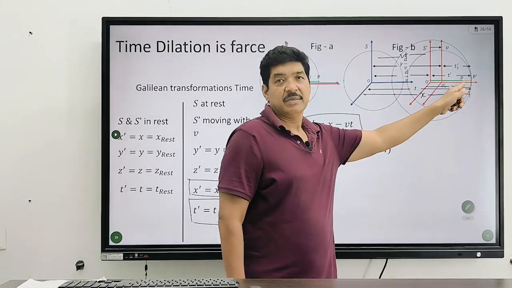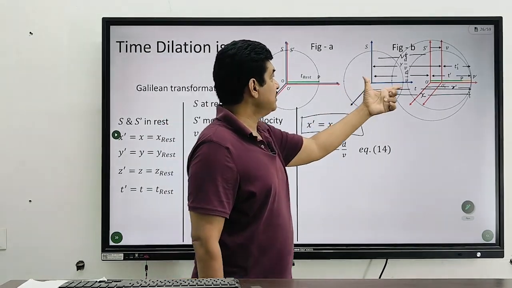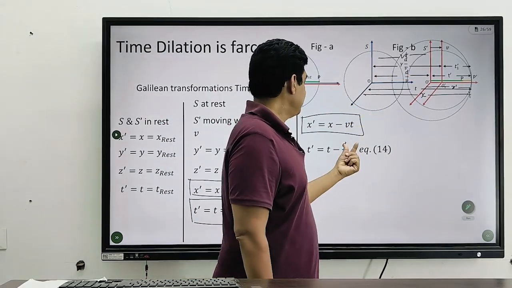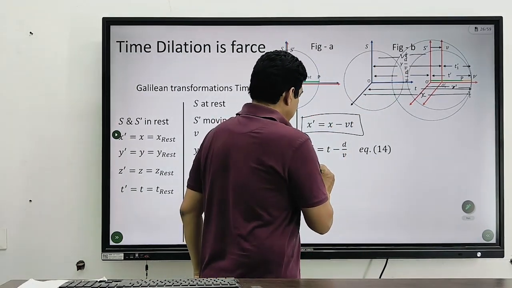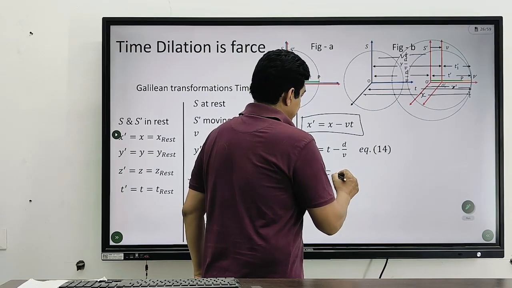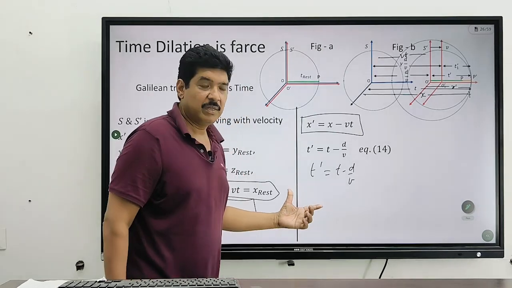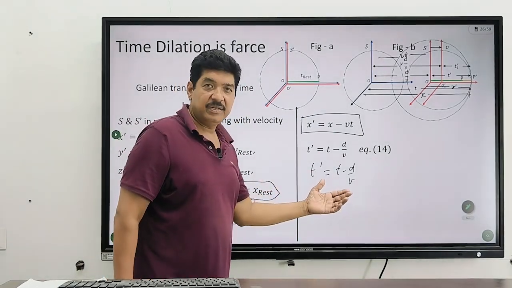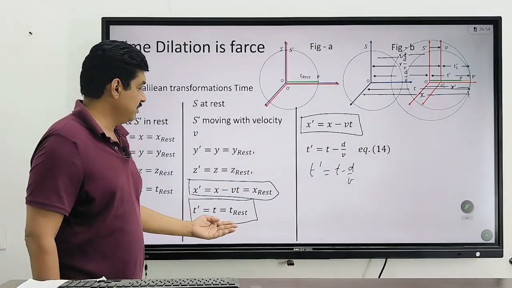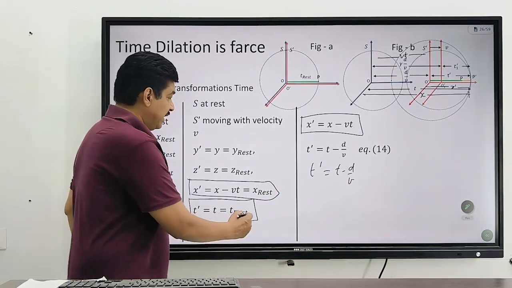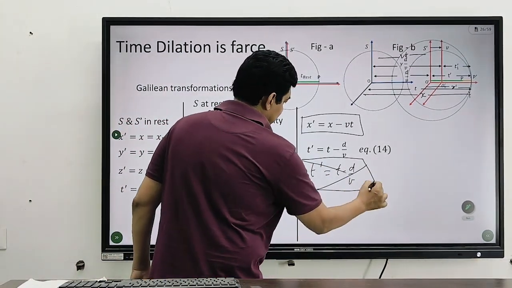This time they can easily get, so this is the time x and t minus d upon v, and they would have got this equation. But fortunately, he has not used this concept, so he has given this. And this is the right one. Actually, this equation is wrong.